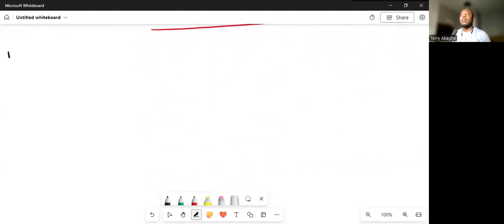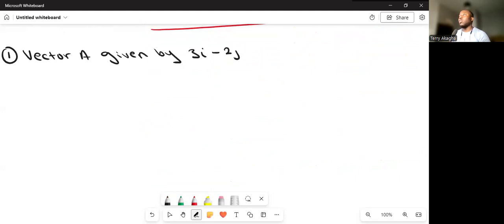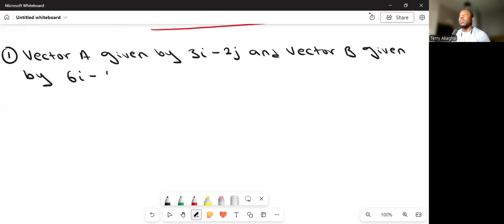So number one, we're told that vector A, given by 3i minus 2j, and vector B, given by 6i minus 4j, are parallel vectors.